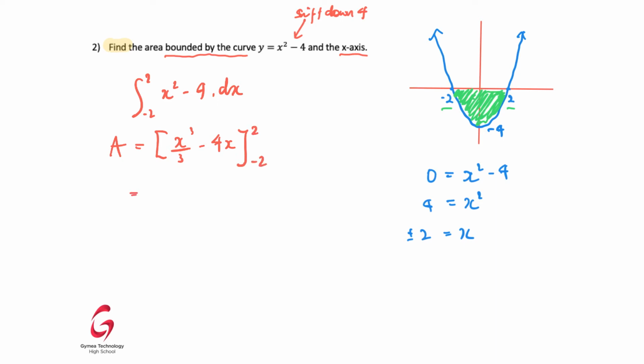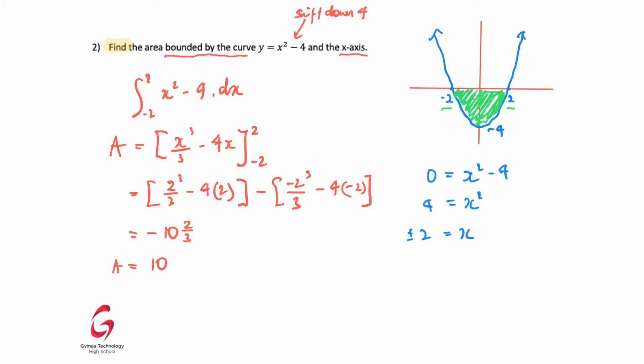All right, so substituting our 2 and then taking away our substitution of -2. Okay, so when we put this in the calculator, as we said, it's going to give us an answer of -10 2/3. All right, so we know the area is going to be positive 10 2/3 units squared.